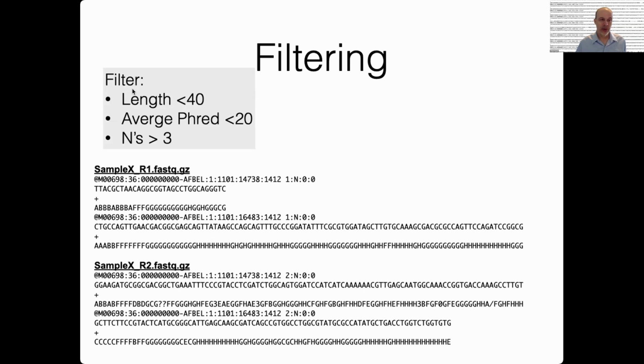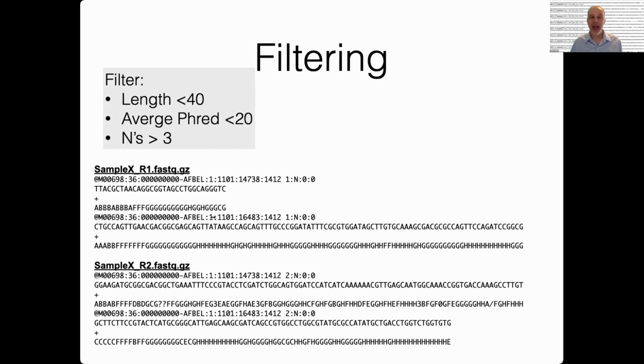And so it's reasonable to trim or filter out short reads. As they come off the sequencer, the reads are often all the same length, so usually it's after trimming that the length would be below the threshold.